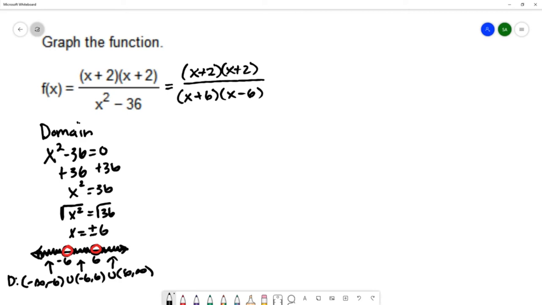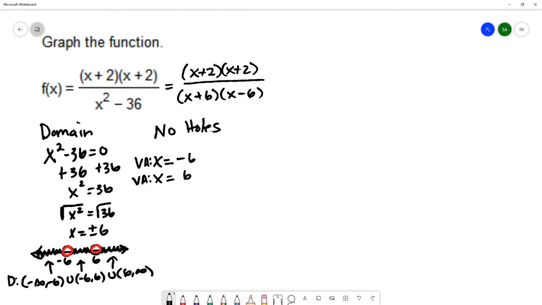I can see that there are no common factors between the numerator and denominator, and that means that there are no holes in the graph. And that tells me that these restricted values of x equals -6 and x equals 6 are both vertical asymptotes of the function.